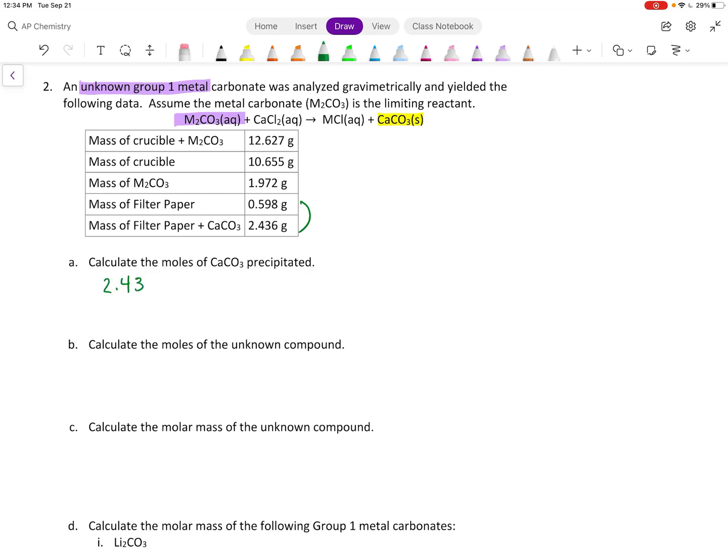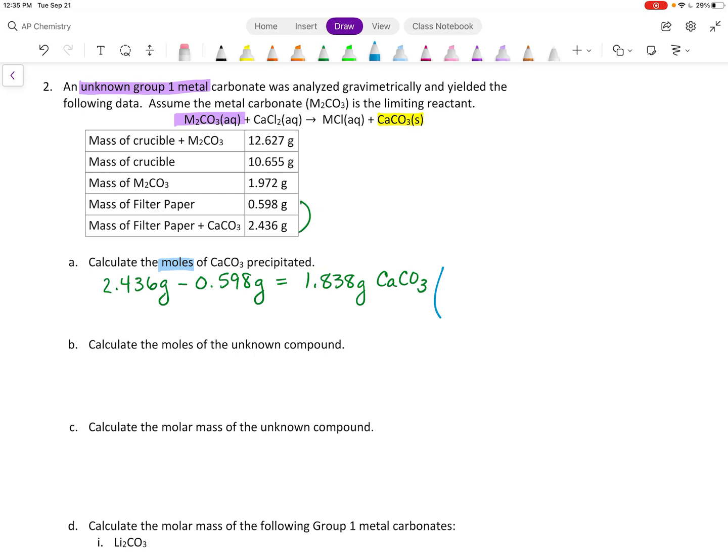So we're going to have our 2.436 grams, and subtract from that the 0.598 grams, and that's going to give us our mass of calcium carbonate, which should be 1.838 grams of calcium carbonate. Now that's not in moles, and we want to know moles here. So for the second part, we're going to convert into moles.